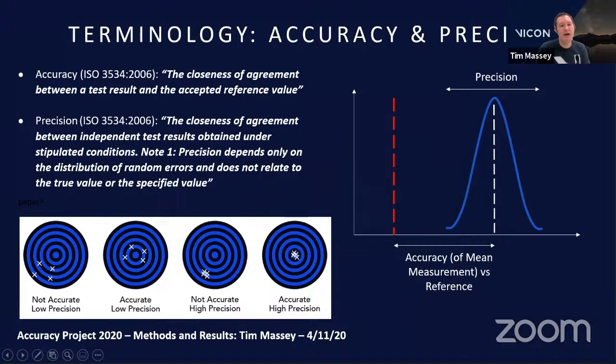So you can have a high accuracy with a high precision, but you can't necessarily achieve a high accuracy with a low precision, but you could have a high precision and not a high accuracy, which is what the diagram to the bottom left shows.